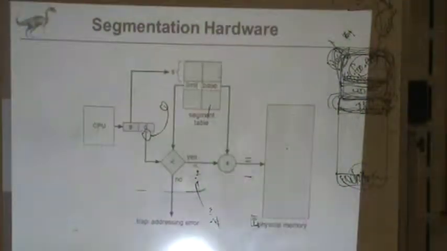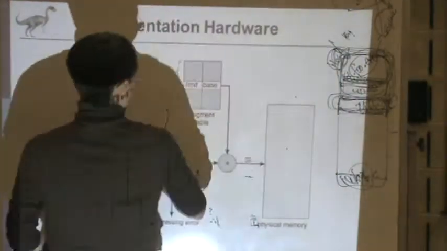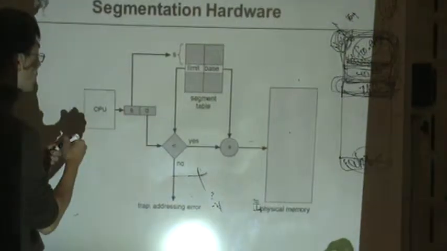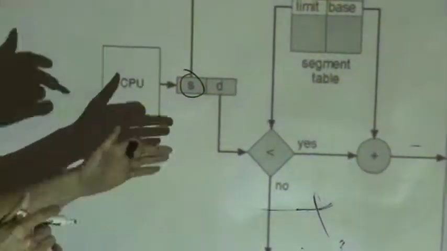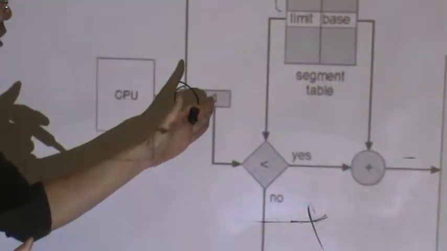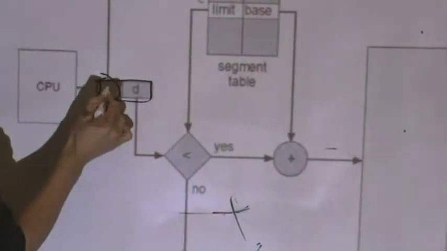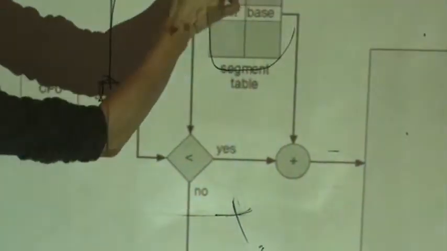From the CPU, we need to manage such a segmentation table as we have seen before. So that is the segmentation base register, and this is the length of that. By combining these, this one has the mapping table.